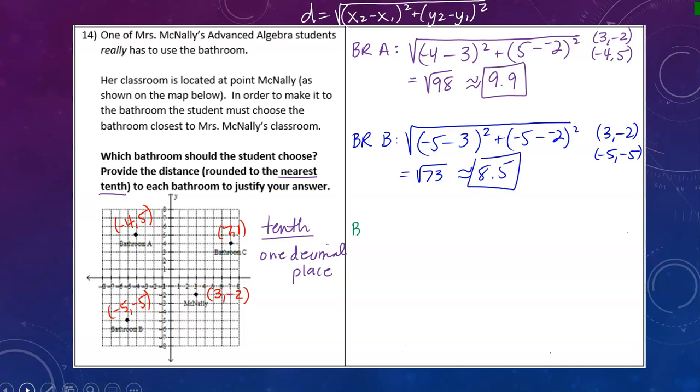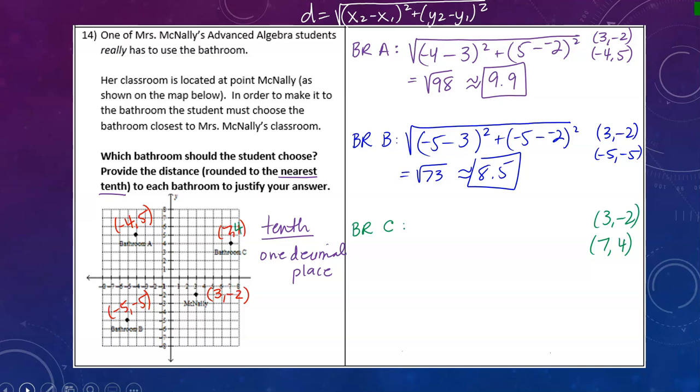Now we have to do bathroom C. I have to use the McNally point, and then bathroom C's point is (7, 4). I think I wrote down the wrong point here. So this should be (7, 4), not (7, 1).